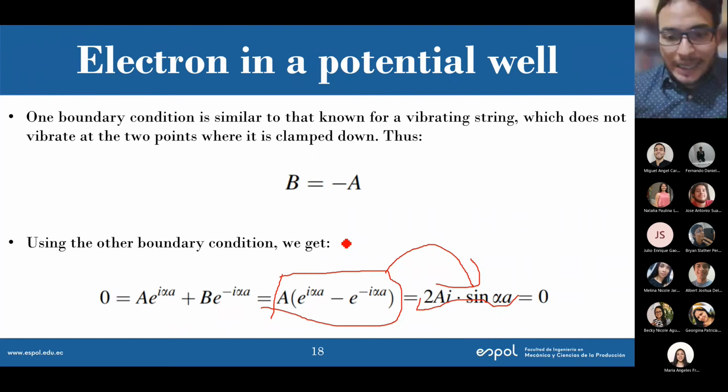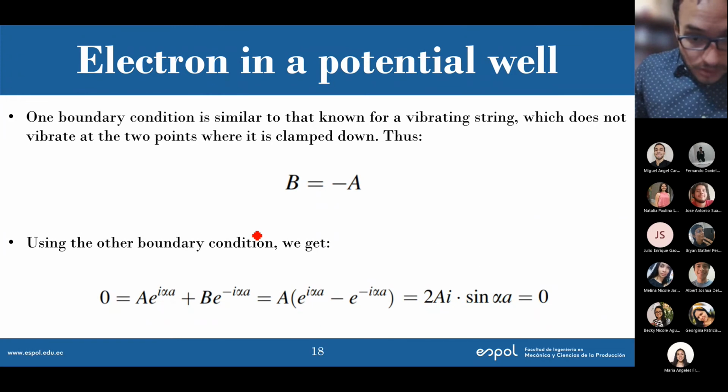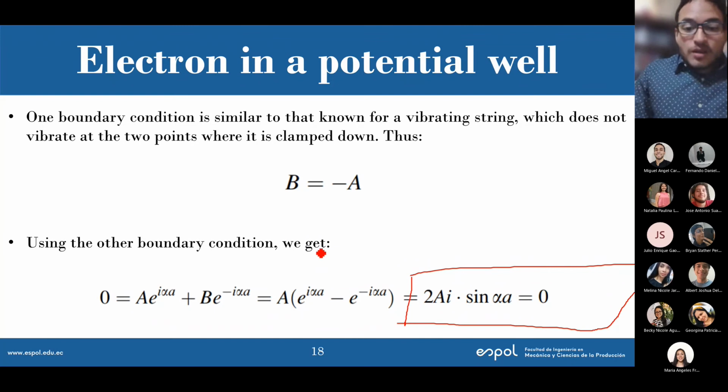Okay. But now I can see something, right? Now I can realize that there is a restriction. I just put in a box the important part.